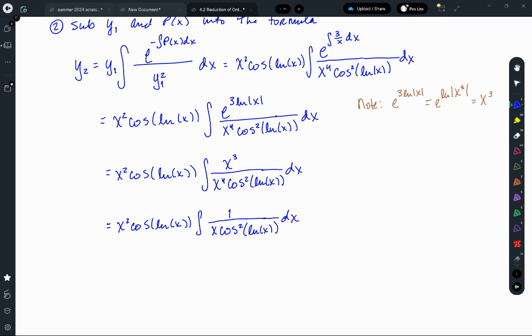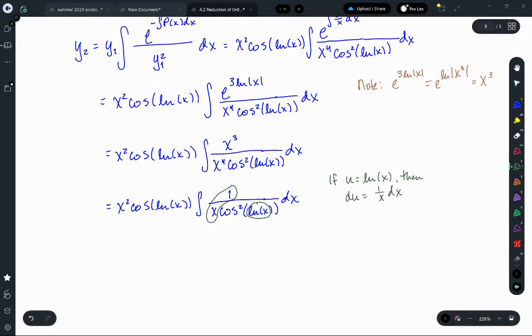Okay, now this might be one of the hardest u subs you've ever seen before. It's not obvious to most people. But what I'm seeing here is I have a 1 over x and I have an ln of x in here. And I know that if u is equal to ln of x, then du is equal to 1 over x dx. So I'm going to try a u sub.